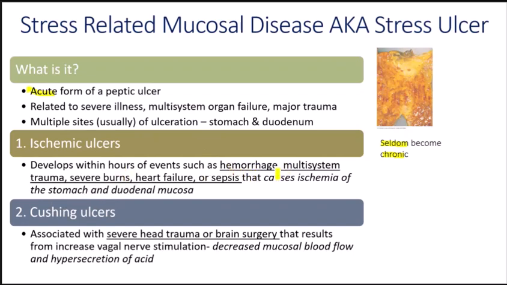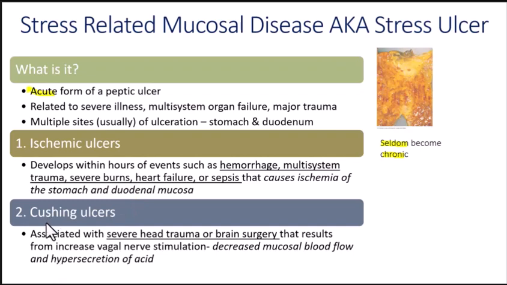So somebody may have hemorrhaged. Maybe they had multiple systems within their body that are traumatized. Severe burns, heart failure, or sepsis. And in these events, what we will see is that there's going to be ischemia to the stomach and/or duodenal mucosa, leading to ulceration.